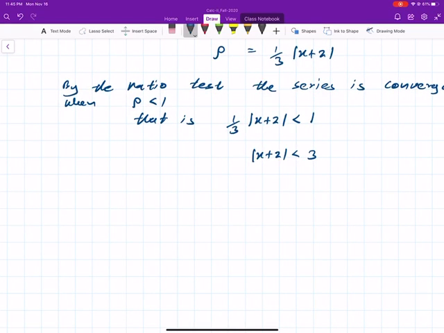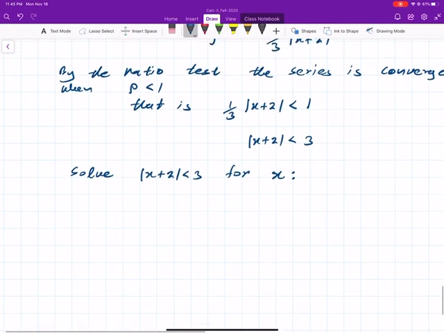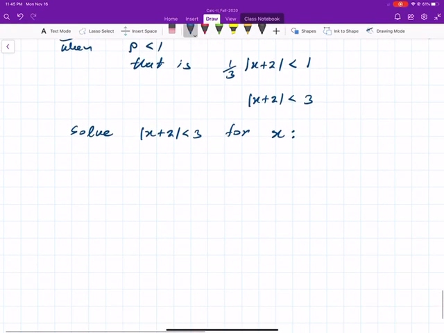Solve for x. Okay, again, like we did before, we have to consider two cases. Case 1: we consider x plus 2 is positive.